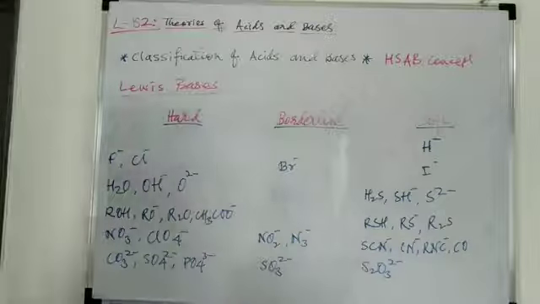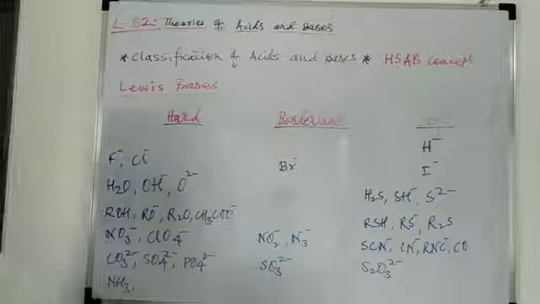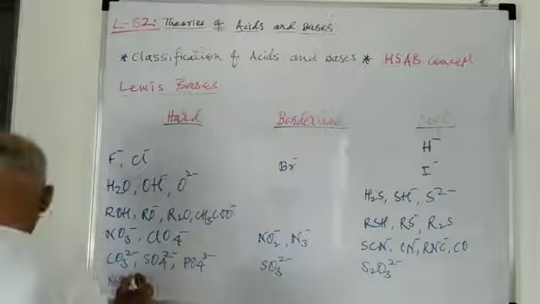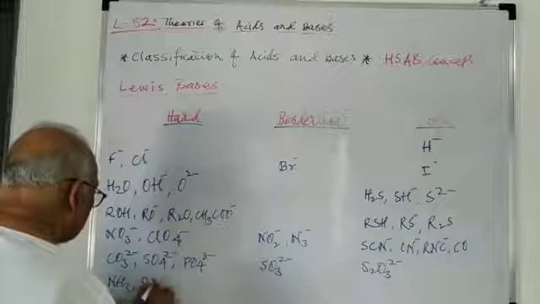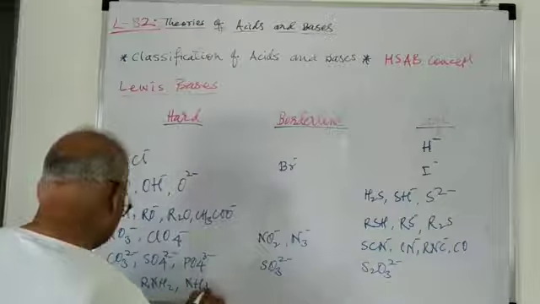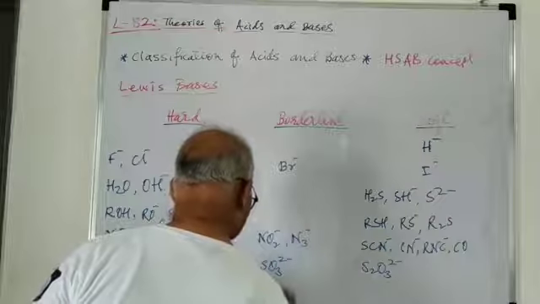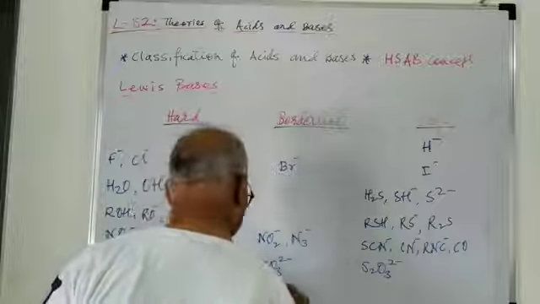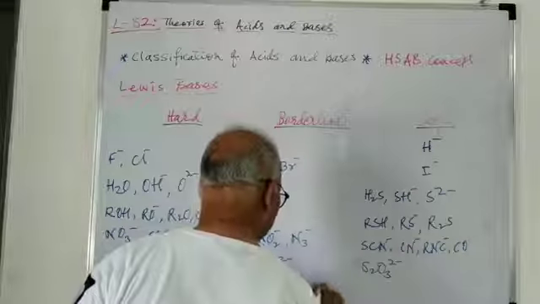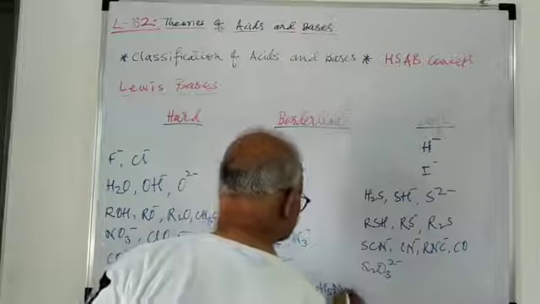Then next is NH3 and alkyl substituted amines, that is RNH2, then N2H4, then C6H5NH2, C5H5N, and N2.